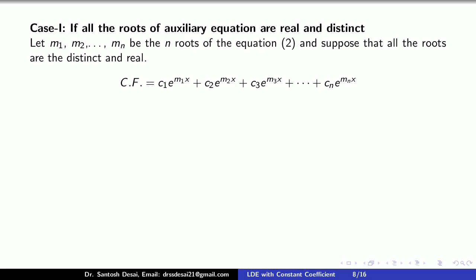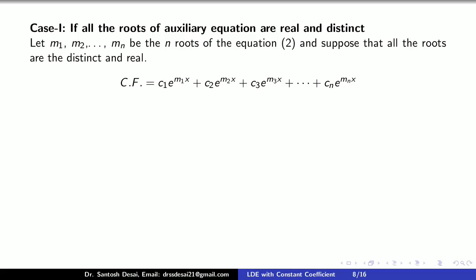Then the complementary function can be written as: first take one constant c1 into e raised to the first root m1 times the independent variable x, plus the next constant c2 e^(m2 x), plus c3 e^(m3 x), plus and so on, plus cn e^(mn x).